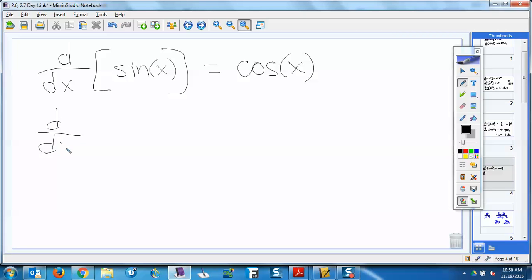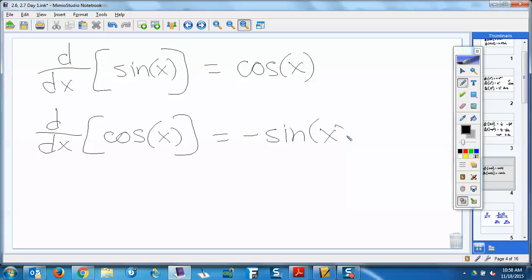And the derivative of cosine is negative sine. We did one of those where we looked at the slopes on the cosine graph and we saw it was making the sine graph but flipped, so it's negative sine. So we have to kind of remember those that way.